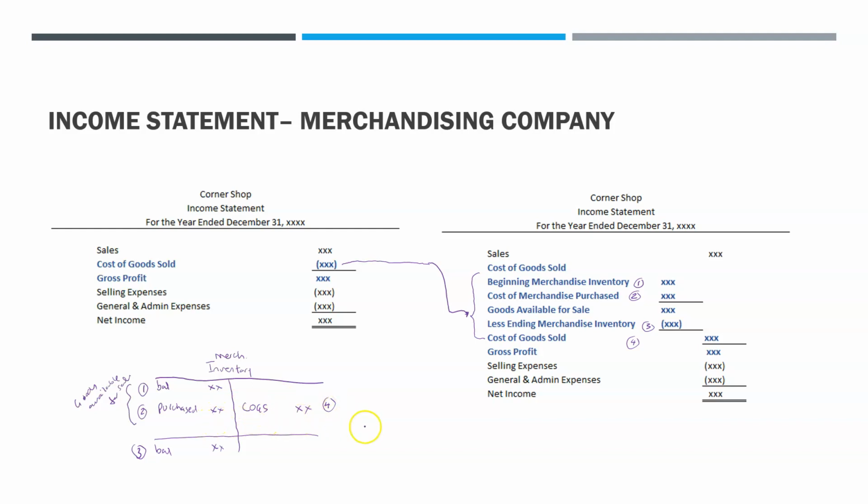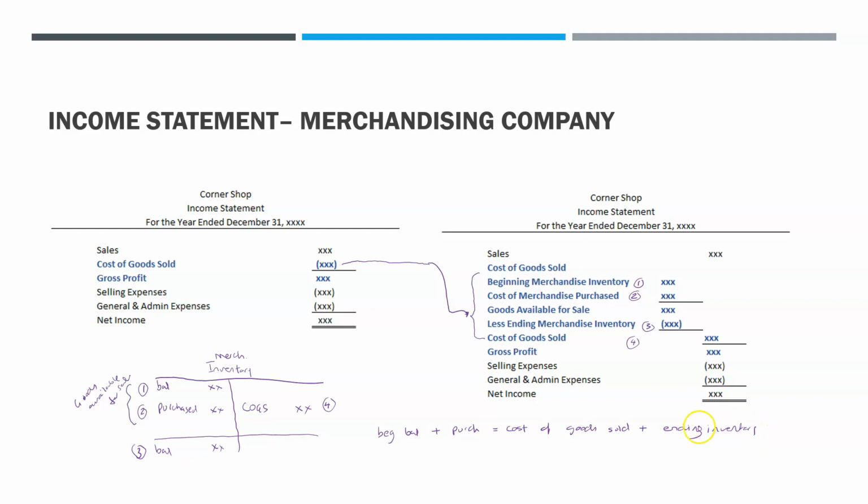Let's go back to our T account. We know in our T account, our beginning balance plus purchases equals cost of goods sold plus ending inventory.